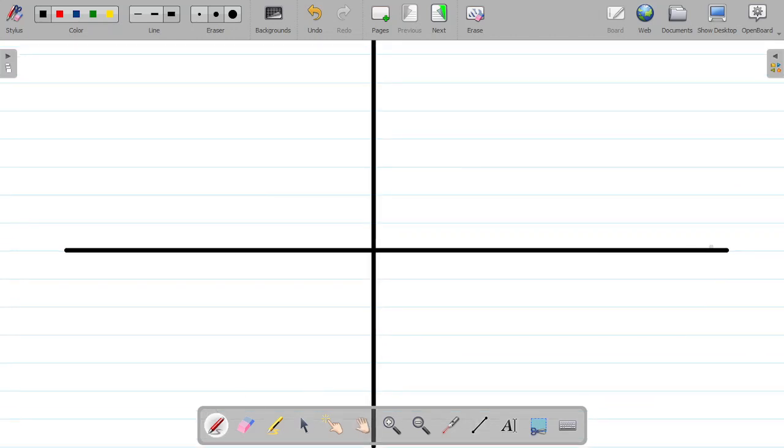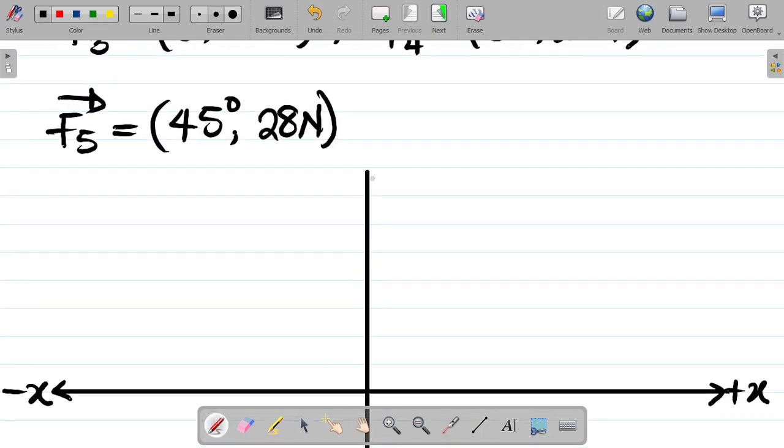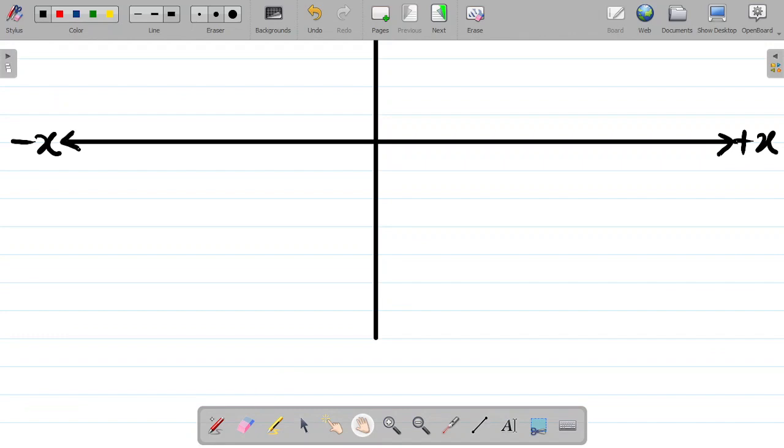Now let's label these axes. Obviously, here's your positive x, and here is your negative x. Upwards is your positive y, so here is the plus y axis. Then downwards is your negative y, that becomes the minus y axis.